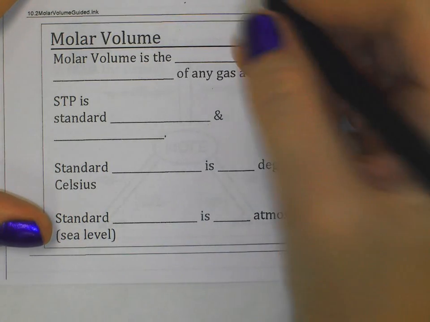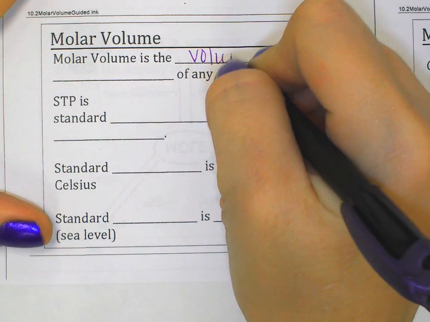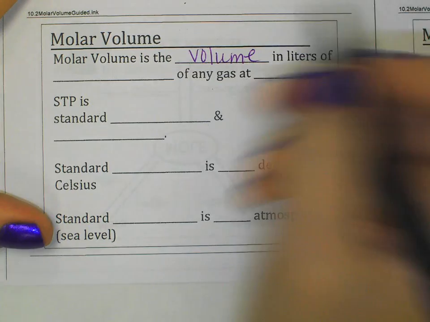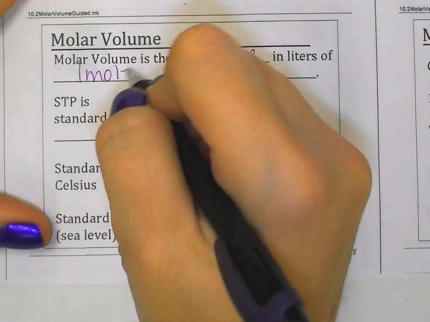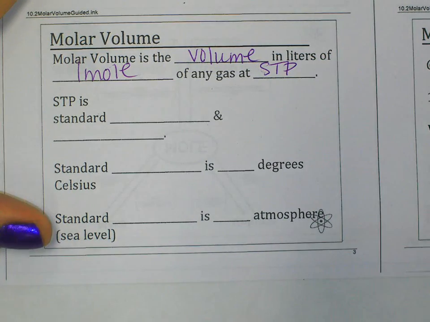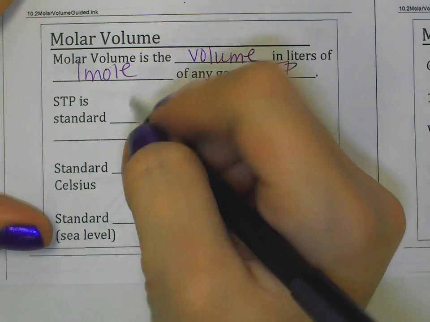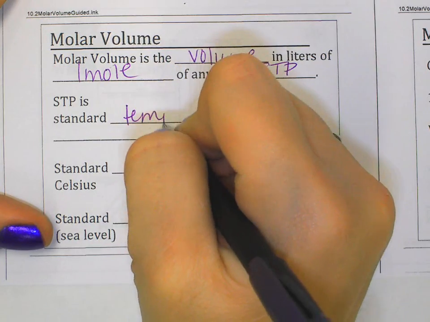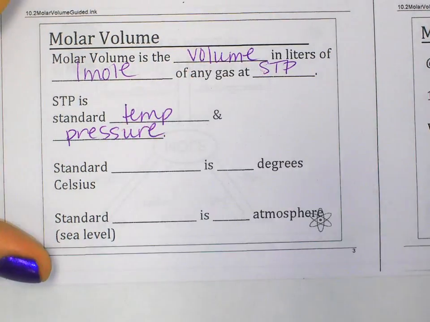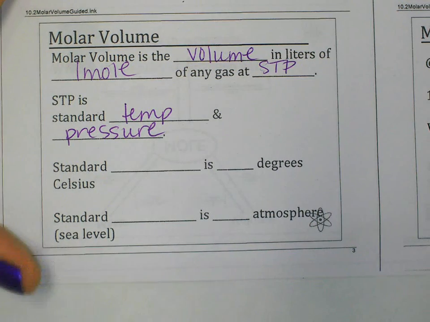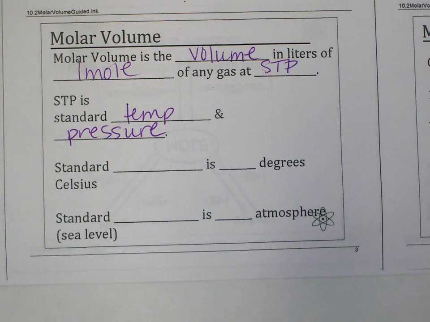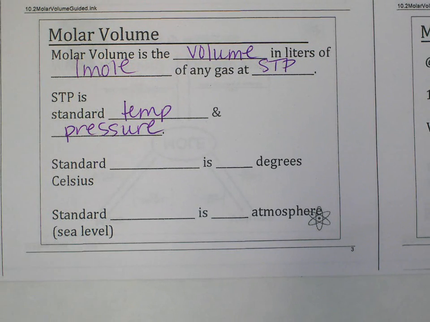Molar volume is the volume in liters of 1 mole of any gas at STP. STP stands for standard temperature and pressure. Again, I have to keep those two things the same, otherwise that'll change my actual value for the volume.